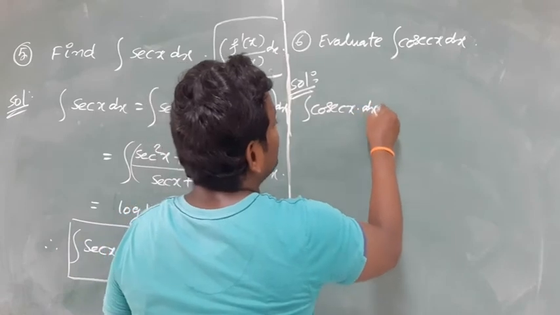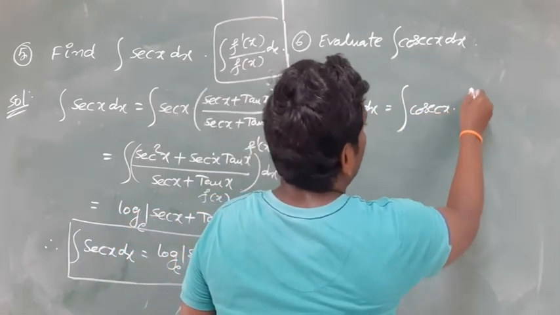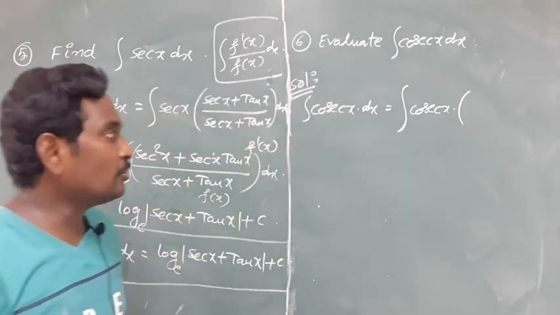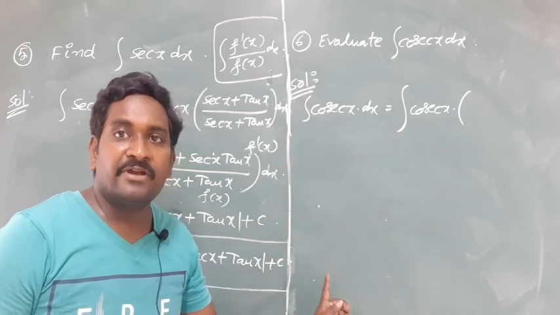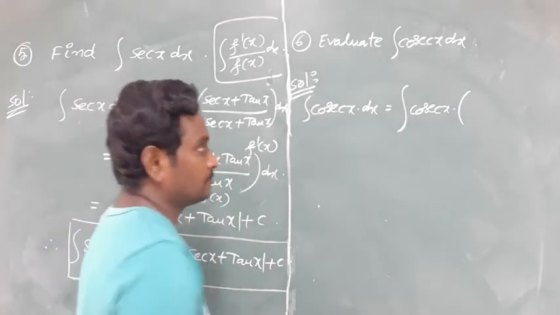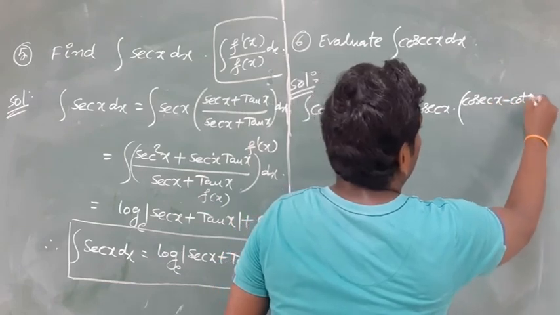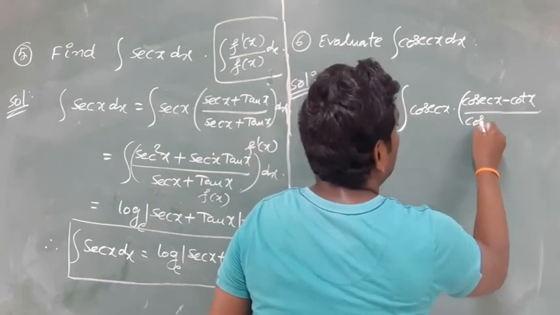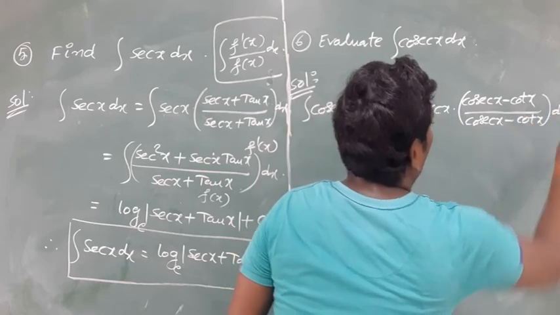Cosecant x dx is equal to cosecant x into, here I will multiply the numerator with cosecant x minus cot x and divide with cosecant x minus cot x, whole dx.